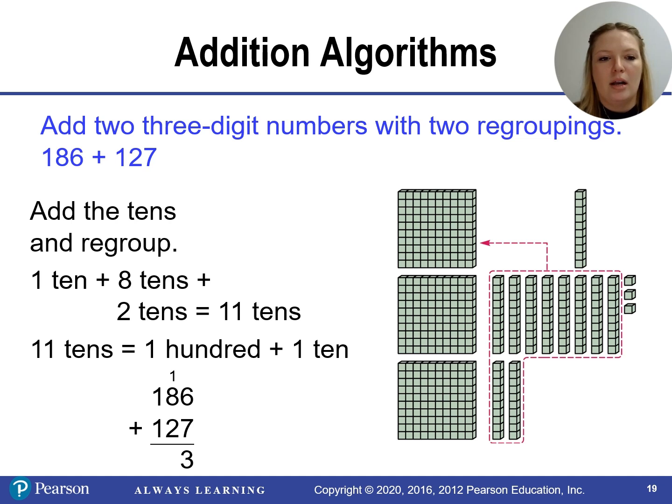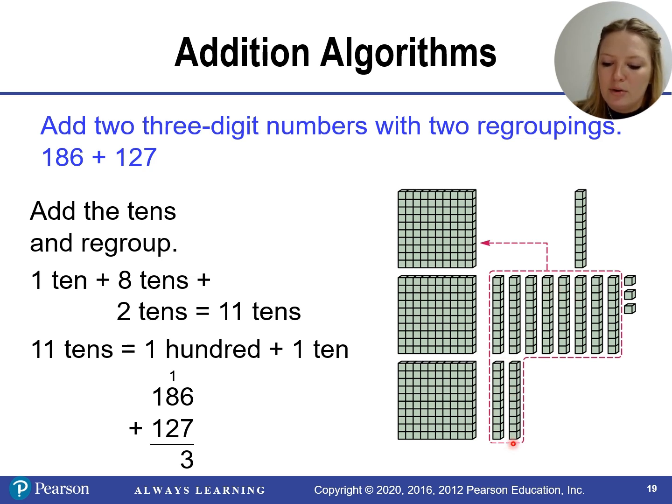When I move on to the next place value, when I want to group my tens, I have 1 ten and 8 tens and 2 tens. So the 1 ten is coming from the one that I had from my regrouping of the ones place. I have 8 tens originating from 186, and I have 2 tens from 127.